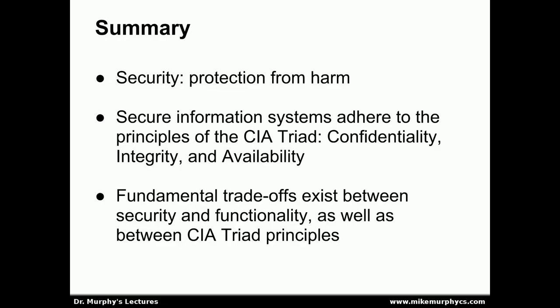There is no magic bullet to security, and there is no simple product that we can simply buy to make a system immediately secure. There are a number of trade-offs that have to be considered, and there are a number of things that have to be thought about in order to design a system that attempts to maximize the principles of the CIA triad, including the availability to authorized users.